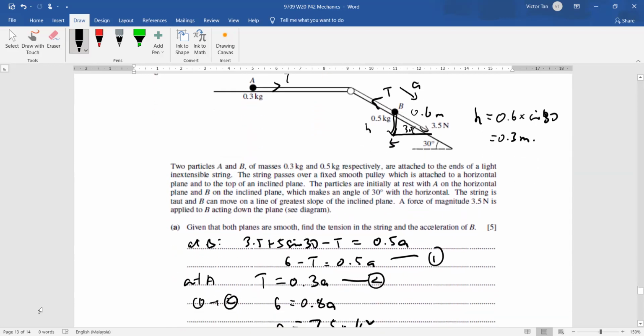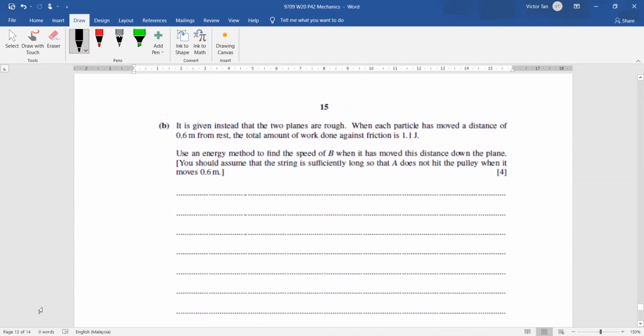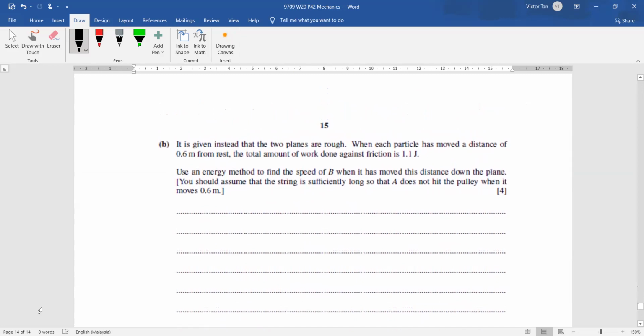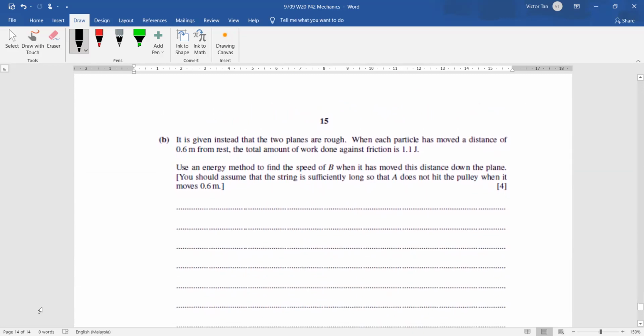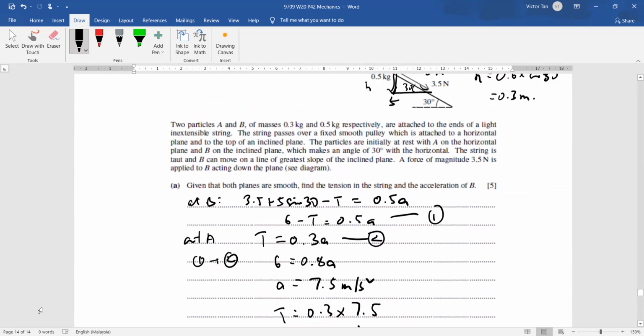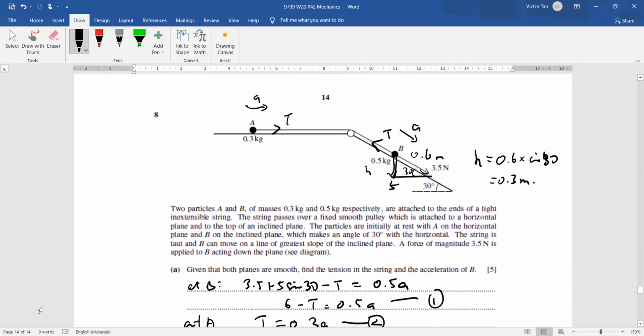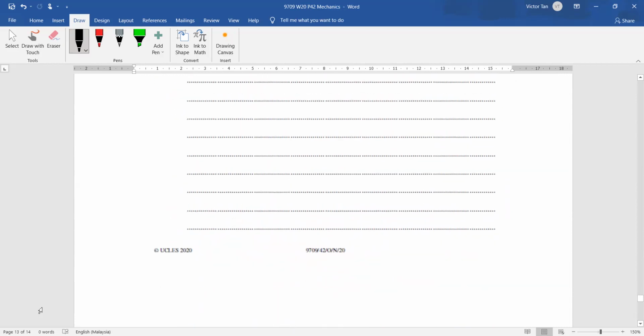The speed of B when it has moved this distance down the plane.